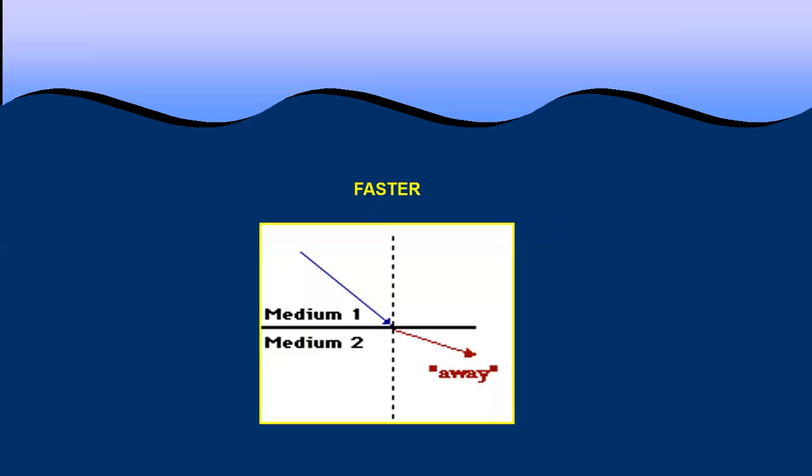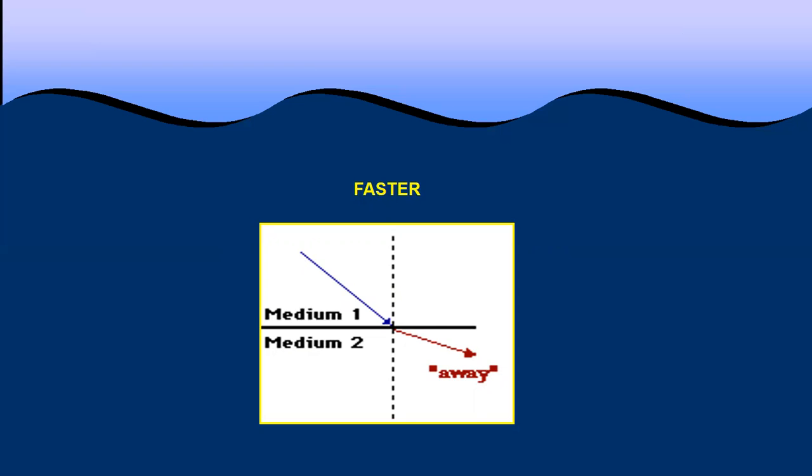Because we're passing through medium 1 and medium 2, it is moving away. Now, here's the question. What are the two mediums? Which one's air and which one's water? Is it moving from water to air or air to water? This is bonus.